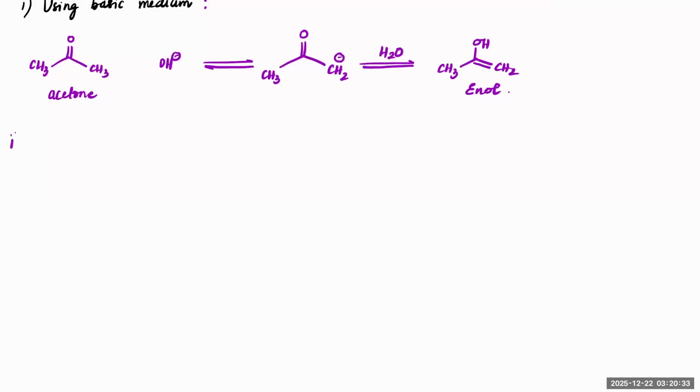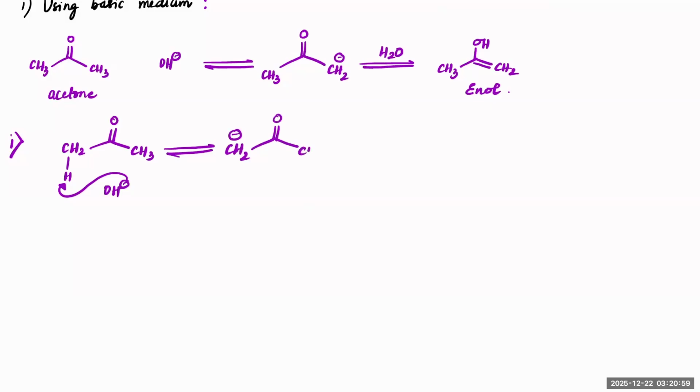Now see step by step. The first step is when you have CH3 C double bond O CH2H, then the OH minus as a base can extract this proton, converting it into CH2 minus and C double bond O CH3.